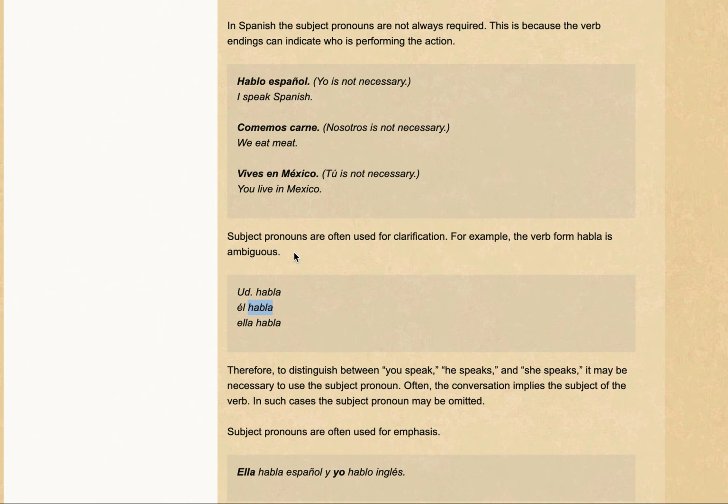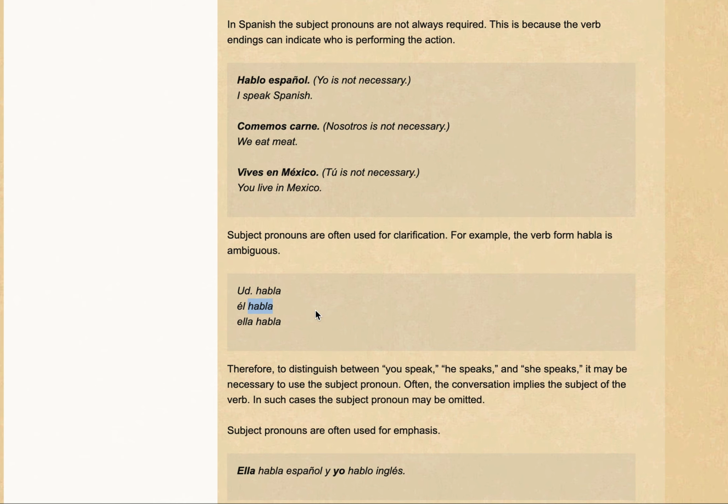Just like solo hablo un poco de español. So I speak a little Spanish, but we're not explicitly mentioning I, because it is implicitly defined just by saying hablo. You know that yo precedes hablo.